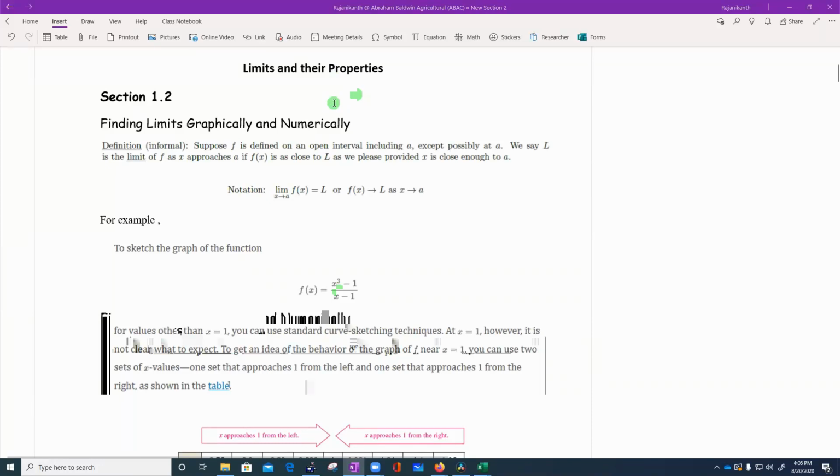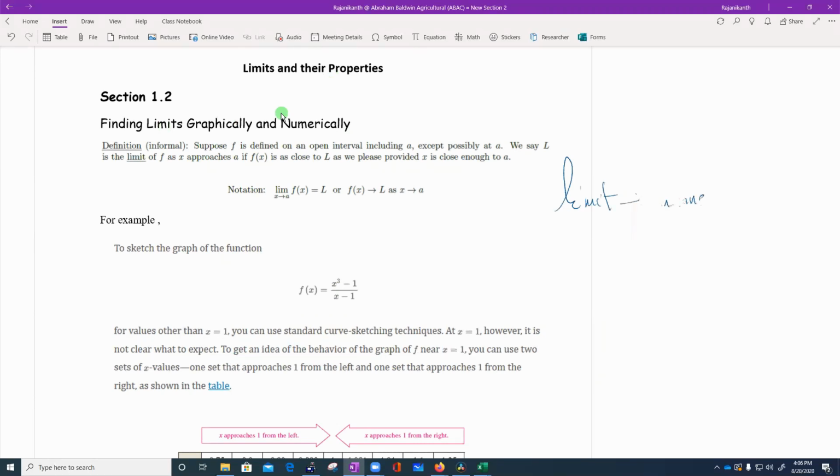First, look at the limits and their properties, the limits of the function. So what are we going to do? The limit means we are going to find the function values, right, when x approaches to a particular, fixed value.